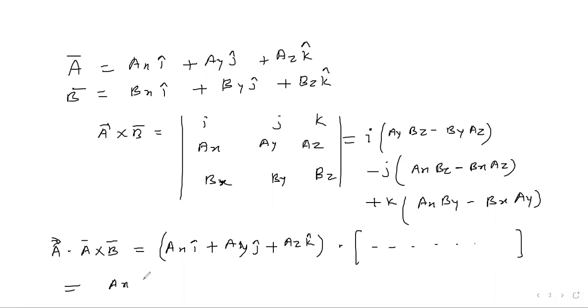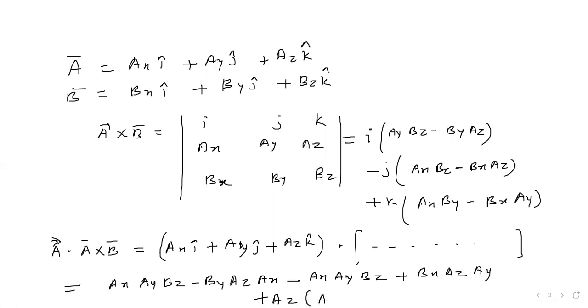We get AX (AY BZ minus BY AZ) minus AY (AX BZ) plus BX AZ times AY, and then plus AZ times (AX BY minus BX AY). If we simplify, all terms will get cancelled and we will get 0.